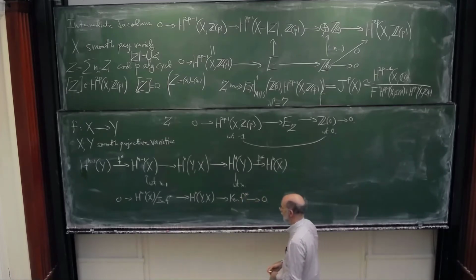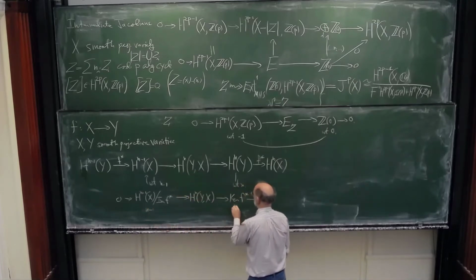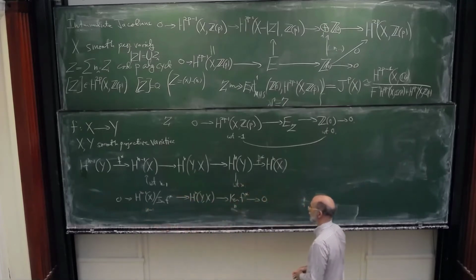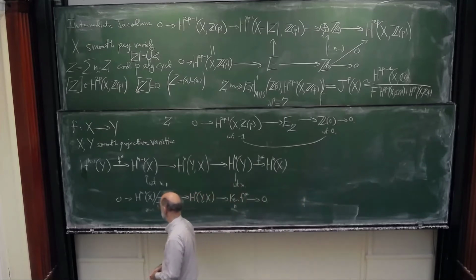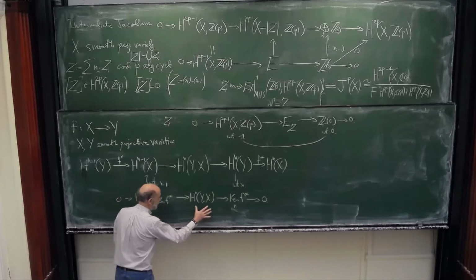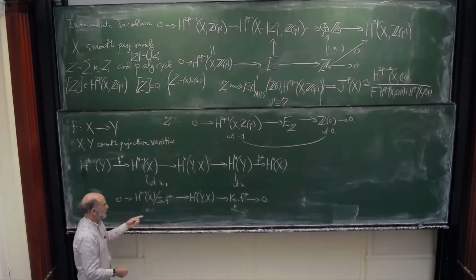Okay, and this has weight n-1, and this has weight n. So we can ask ourselves, well, is this extension, which clearly is motivic, does this have anything to do with algebraic cycles?